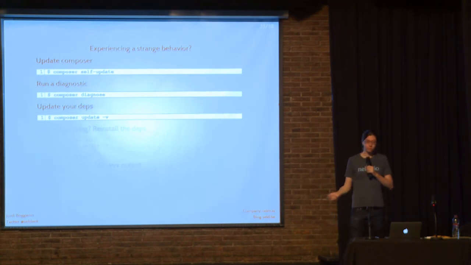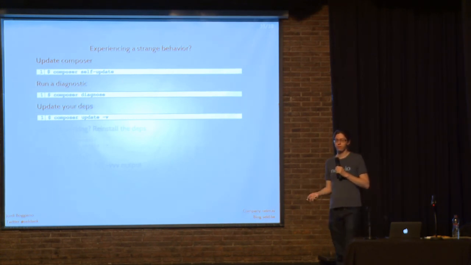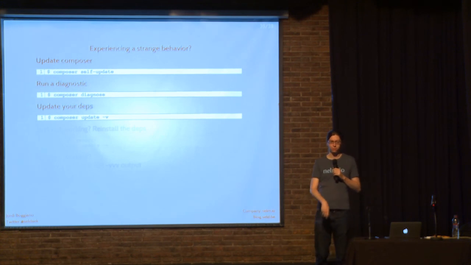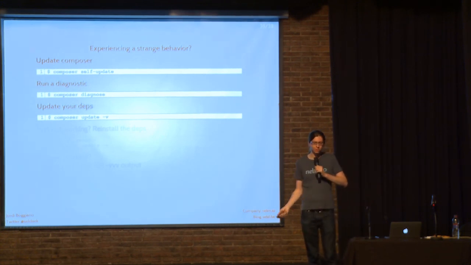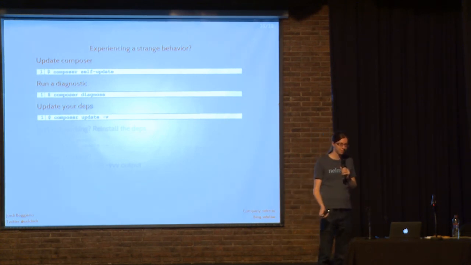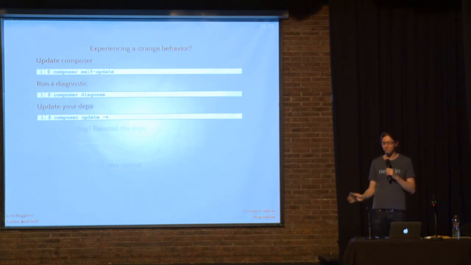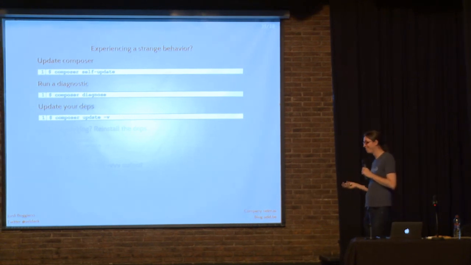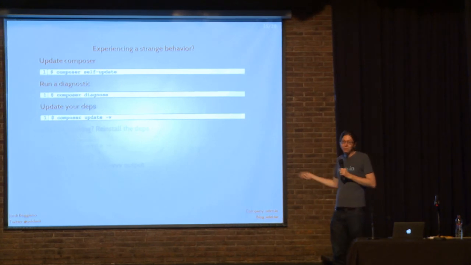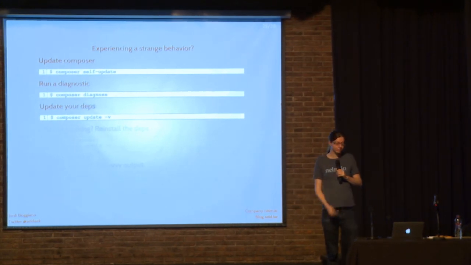Updating your dependencies as well, because some people like to report issues when their project is broken because their dependencies are broken, like there's a bug in whichever library they use, and we are to blame, obviously, because we installed it. So maybe updating there as well will help.